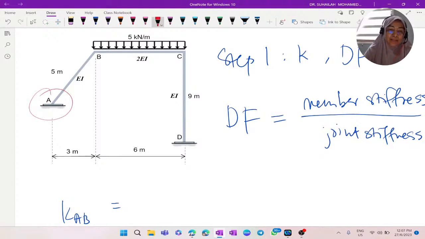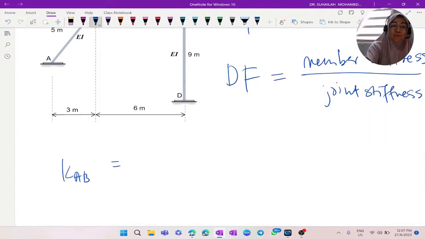By looking at this frame AB, A is the far end and A is fixed. So we call this far end fixed, and for far end fixed, the formula to calculate stiffness is 4EI over L.